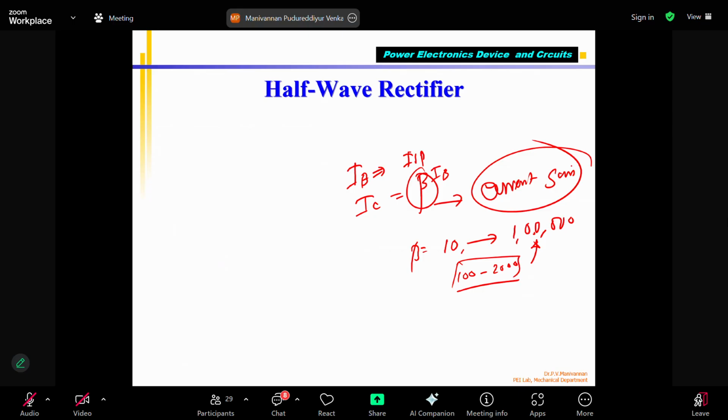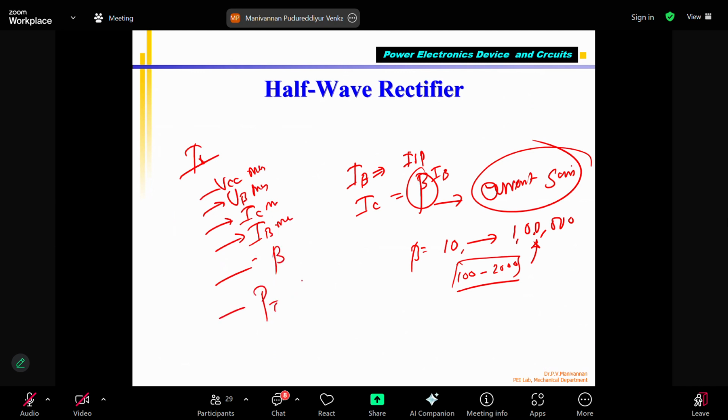The important transistor parameters are VCC max, VB max, IC max, collector current max, IB max, beta, and PT, the power a transistor can dissipate without burning itself, because of heat generated by I squared R loss inside.